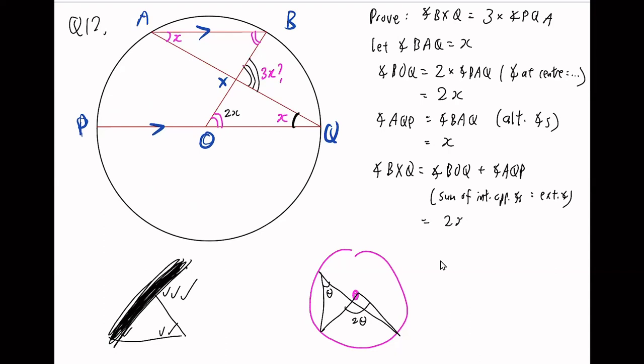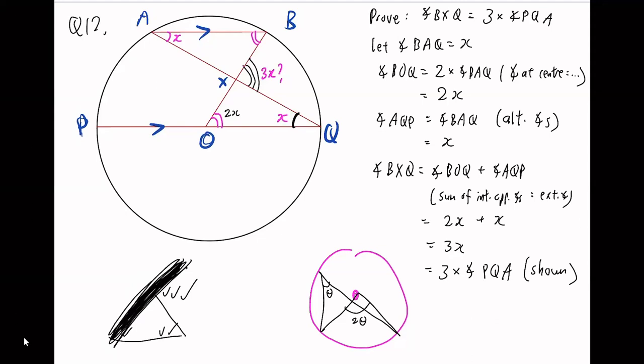This is 2x plus x, which equals 3x, which is 3 times angle PQA, because x is here, which is PQA. Okay, and then shown.